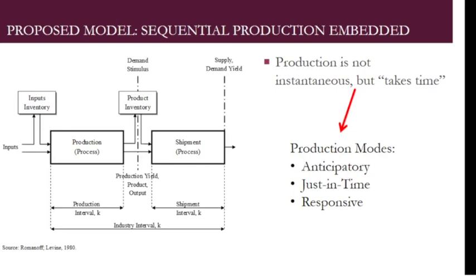We assume that sometimes we have sectors that anticipate production, sometimes they are just in time, and others are responsive. They wait for you to put the order in before they produce the good or service. And we've incorporated that in our model. As a result, we get some very nice economic impacts. But what does this do? It really creates a huge challenge for us.